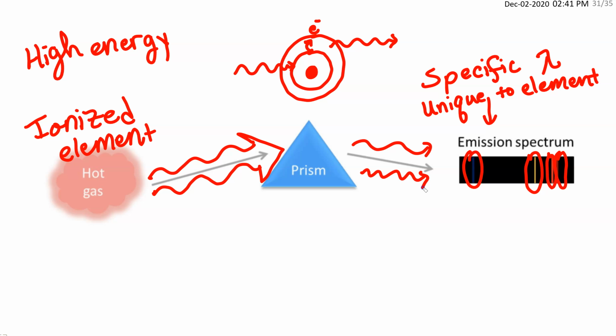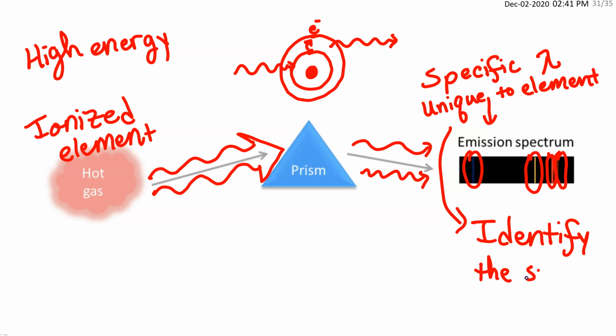So if we know the wavelengths, we can identify the element. Or substance. For those of you wanting to take chemistry a step further, you can identify substances by their emission spectra.